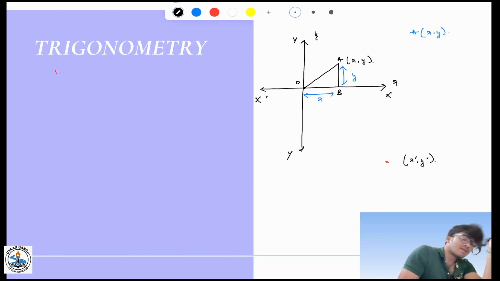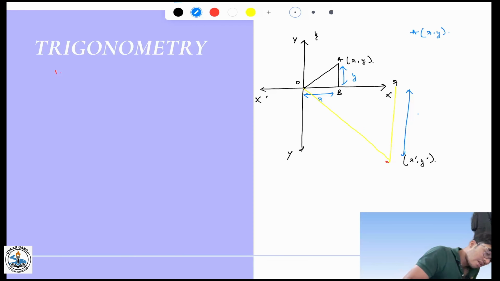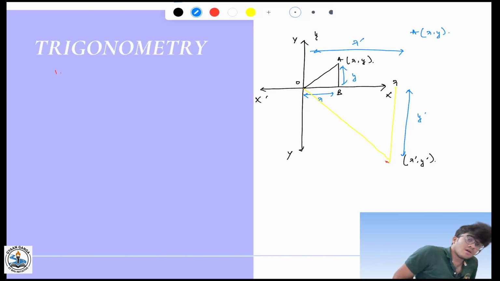When you draw a perpendicular onto X O X dash and connect the origin with it, this length is y dash, and this length all the way from O to here is x dash.